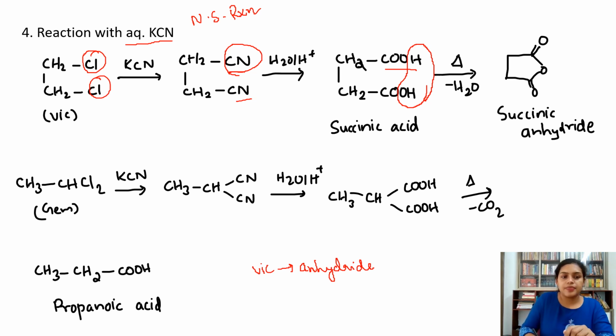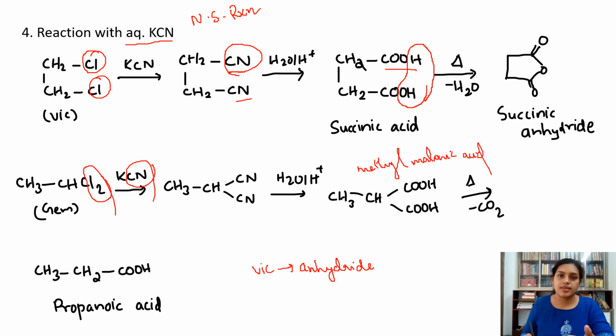First step is the same. Two halogen atoms have been replaced with two cyanide groups. Okay, so on hydrolysis you are getting methyl malonic acid.